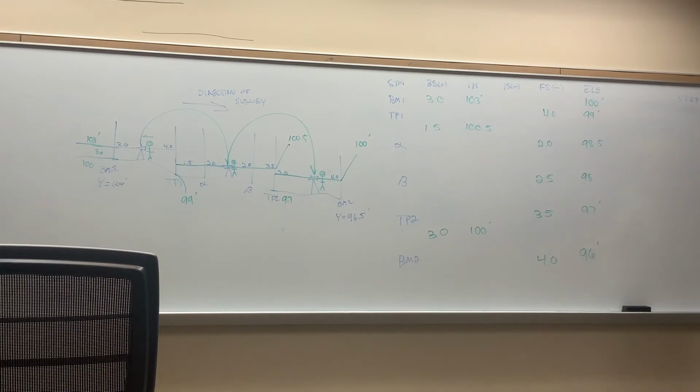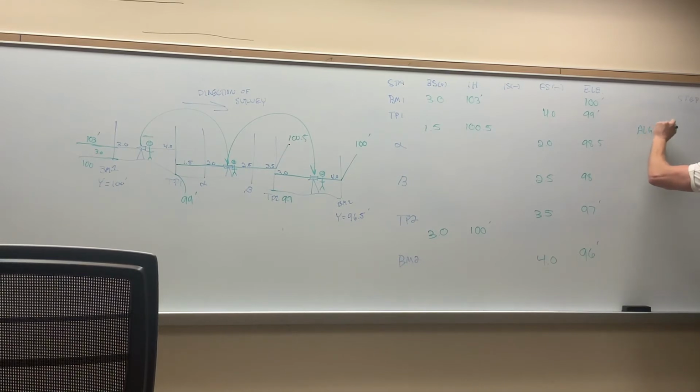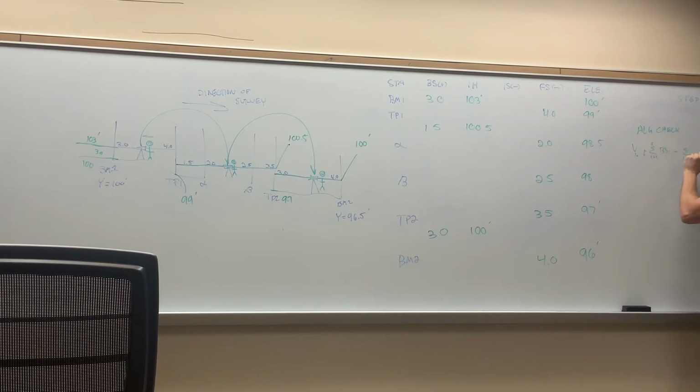I'm going to do percent error. Well, I'm going to do an algebraic check. That means that my initial elevation plus the summation of my back sights, minus the summation of my foresights is going to equal my final elevation.